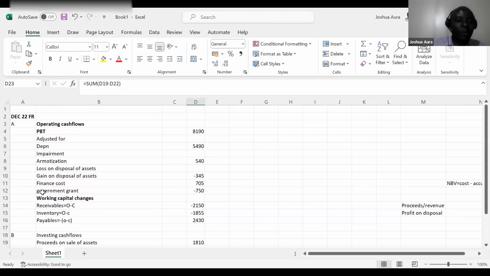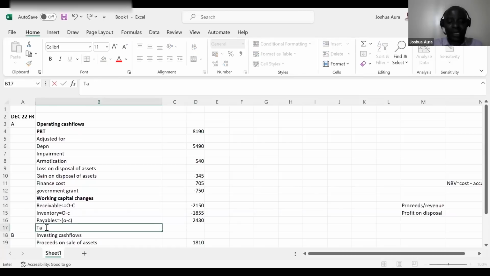I've been able to add this, and then I have my working capital changes. Please never ever forget the tax paid. Lastly here, never forget the tax that was paid by yourself. So how do we get this tax paid? It's very easy. You simply take opening minus closing, and then you make any adjustments in the year.